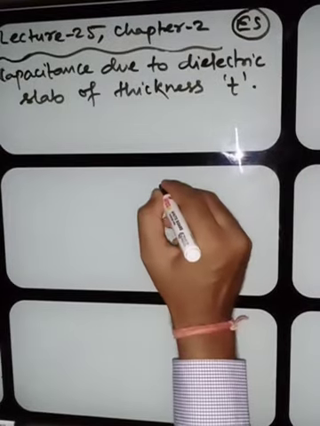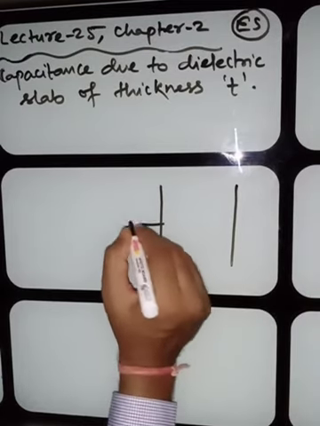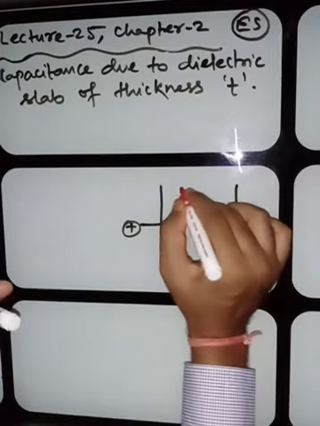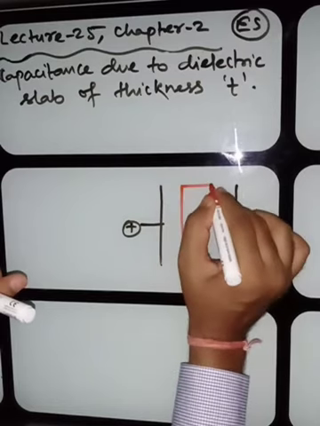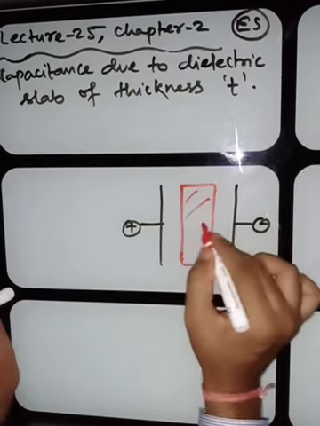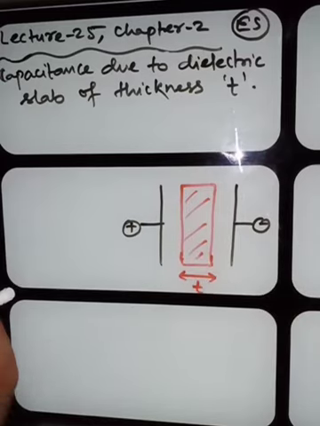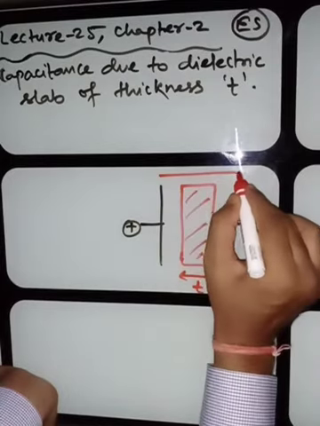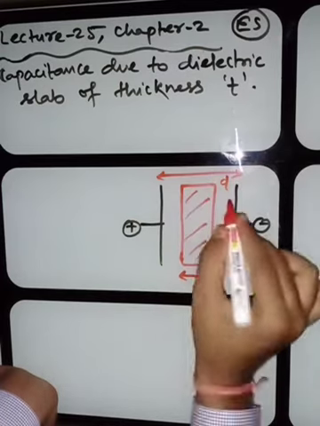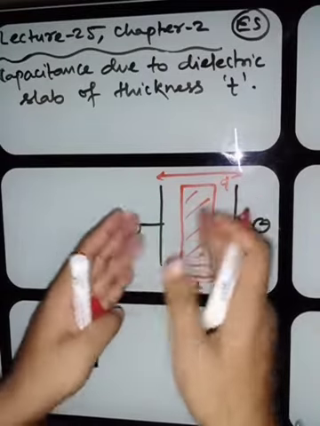Okay, my dear student, so this is the capacitor which is connected by the positive and negative terminal of the battery to apply electric field, and this is the dielectric slab of thickness T. If the separation between these two plates is D, then what will be the length of free space?